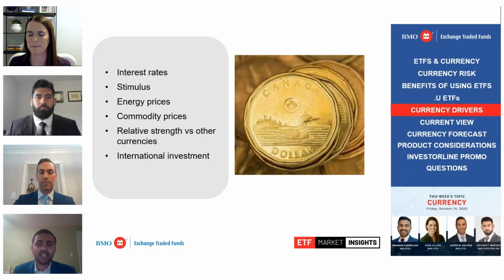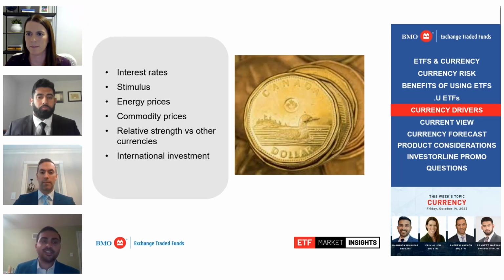And finally, there is just the demand for the Canadian dollar, US dollar. As the demand increases, the value of that currency increases. We've seen that recently on the US dollar, where the demand for US dollar increased substantially in the month of September, and we saw the US dollar have a very strong performance during that month.